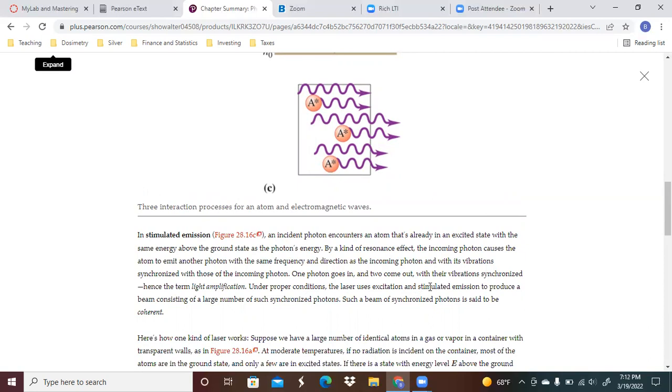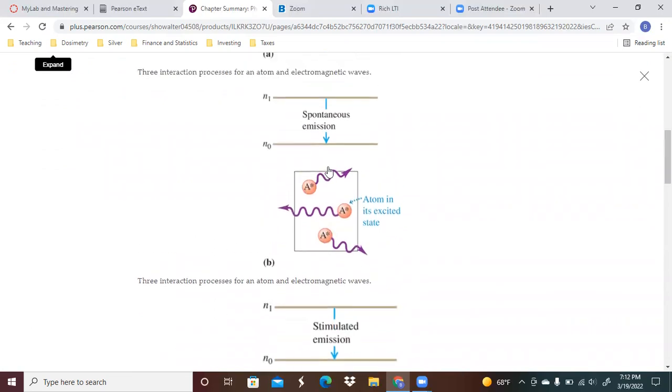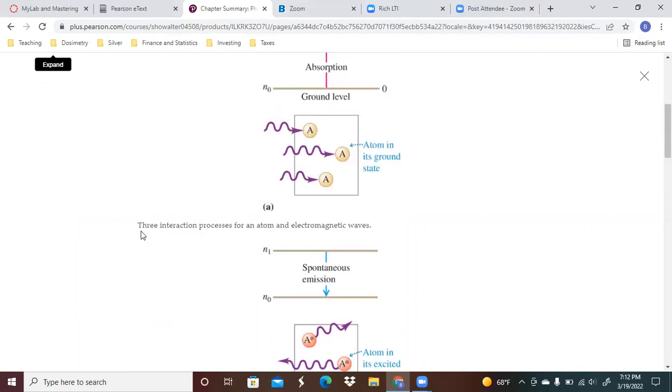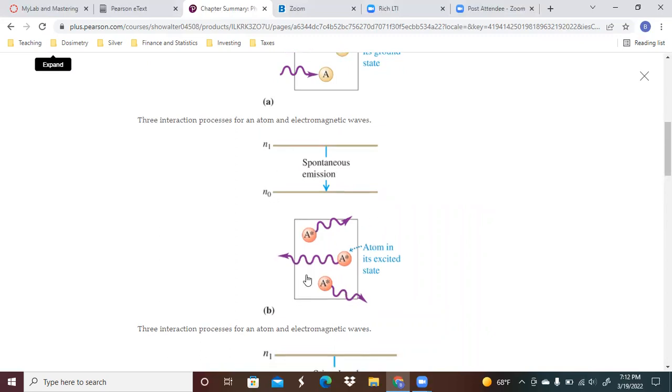Under proper conditions, a laser uses excitation and stimulated emission to produce a beam consisting of a large number of such synchronized photons. Such a beam of synchronized photons is said to be coherent. So you can see here in part B, you've got three interaction processes between an atom and electromagnetic waves. You can see the spontaneous emission, atom in its excited state, and you can see these things going everywhere.